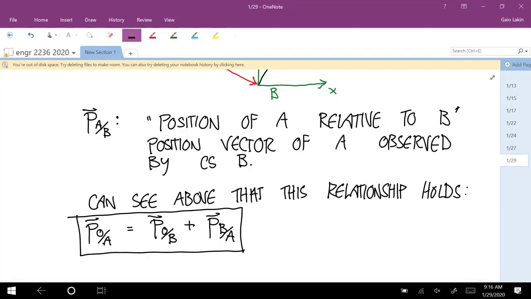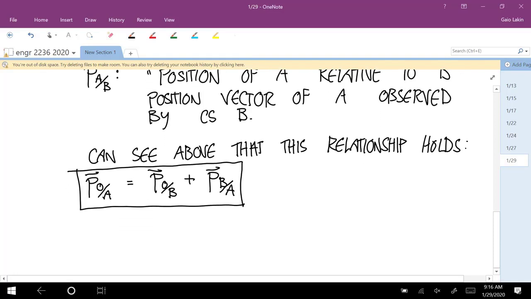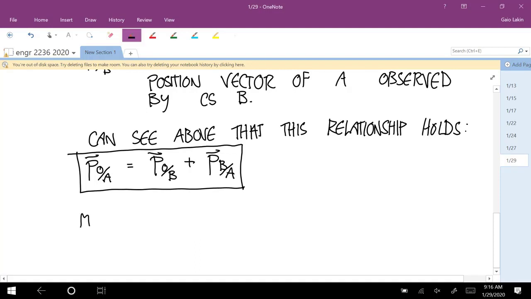It's pretty easy to show yourself the correct relationship just by drawing out the vectors. But an easy memory device, because you don't always want to have to do that every time you use this, is to think of fraction multiplication.